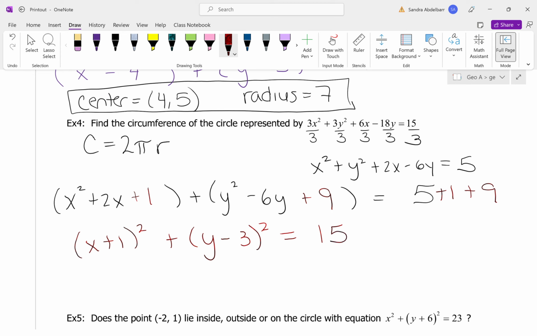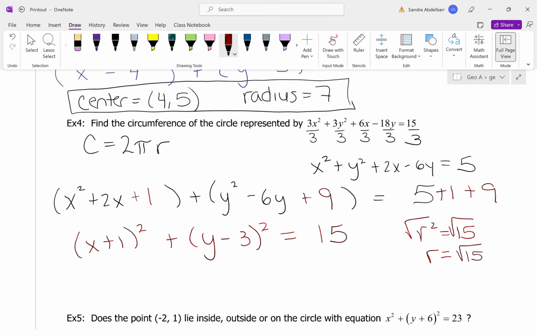Is my radius 15? No, the radius squared is 15. So what's the radius? No decimals. We're not dividing by 2. Guys, don't we just take the square root of both sides?